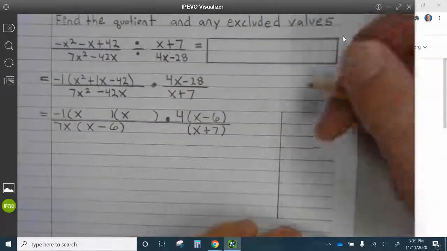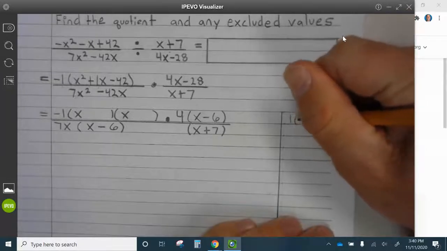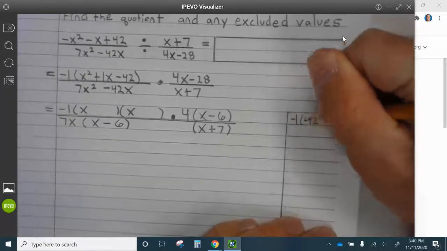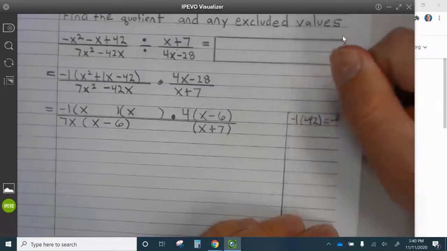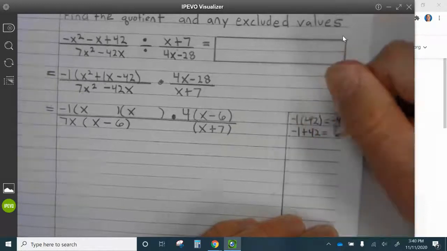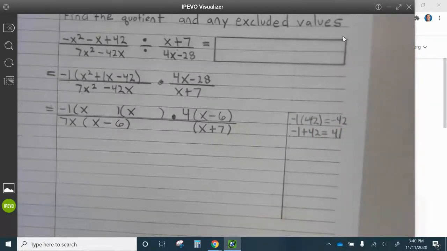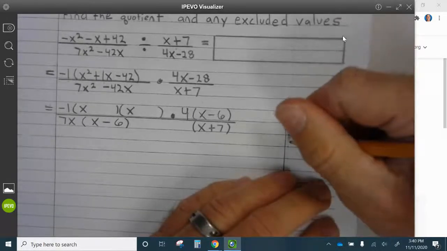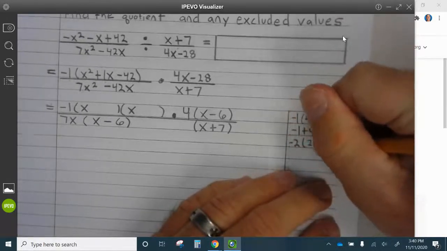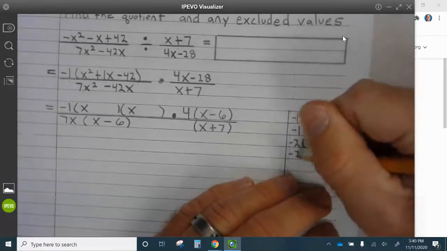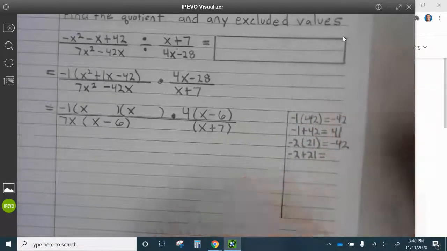All right? So we have -1 times positive 42 is -42. -1 plus 42 is 41. So we definitely are far away from 1, so let's keep going. -2 times 21 is -42. -2 plus 21 equals 19.